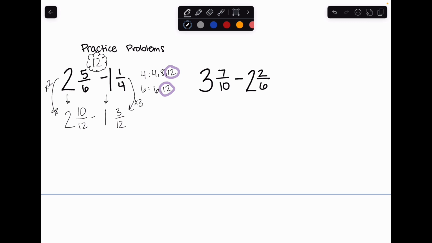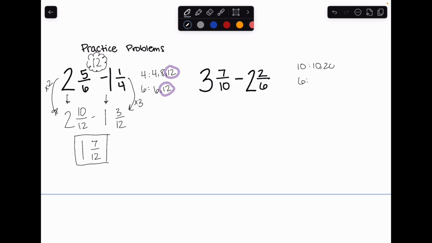And I have 2 and 10 twelfths minus 1 and 3 twelfths. 10 twelfths minus 3 twelfths is 7 twelfths, and 2 minus 1 is 1. Again, we do not want to multiply those whole numbers because we would be making our fraction way bigger than it actually is. Over here I've got 3 and 7 tenths minus 2 and 2 sixths.